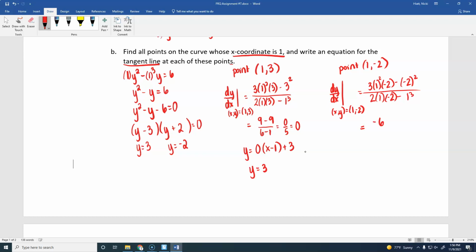Negative 6 minus 4 over negative 4 minus 1, which will give us negative 10 over negative 5, which will be 2. And so our equation of the tangent line here is going to be y equals 2 times (x minus 1) minus 2.